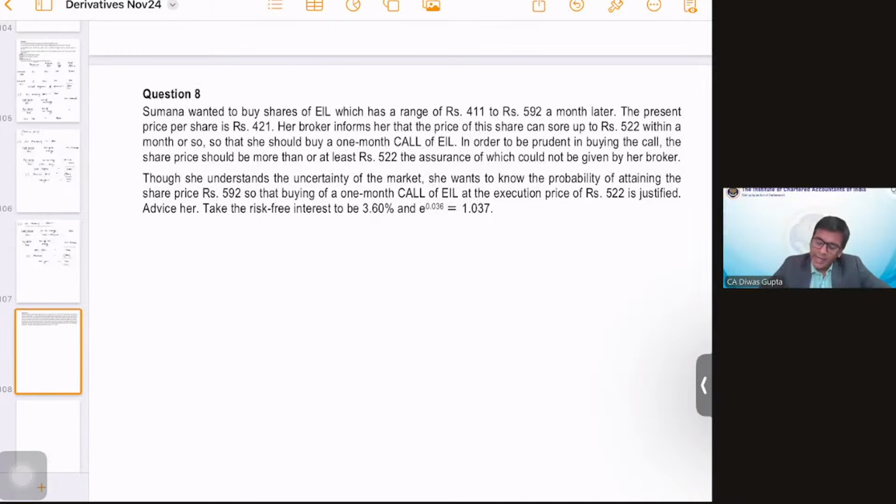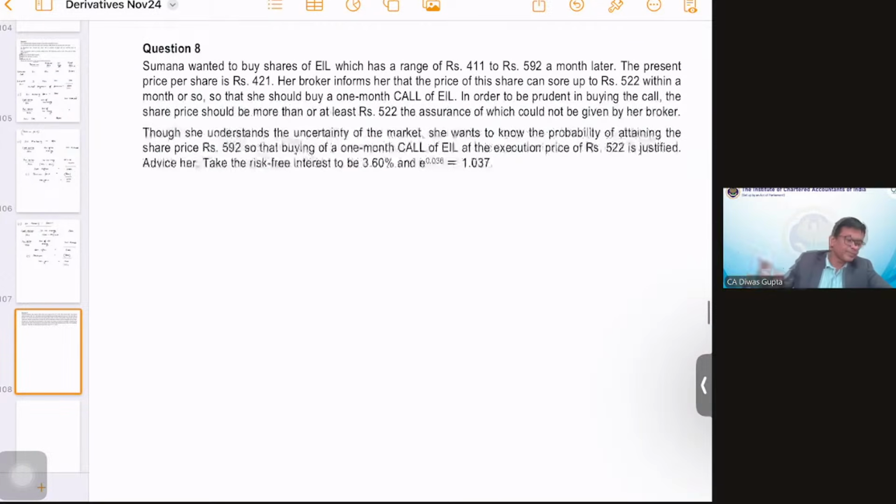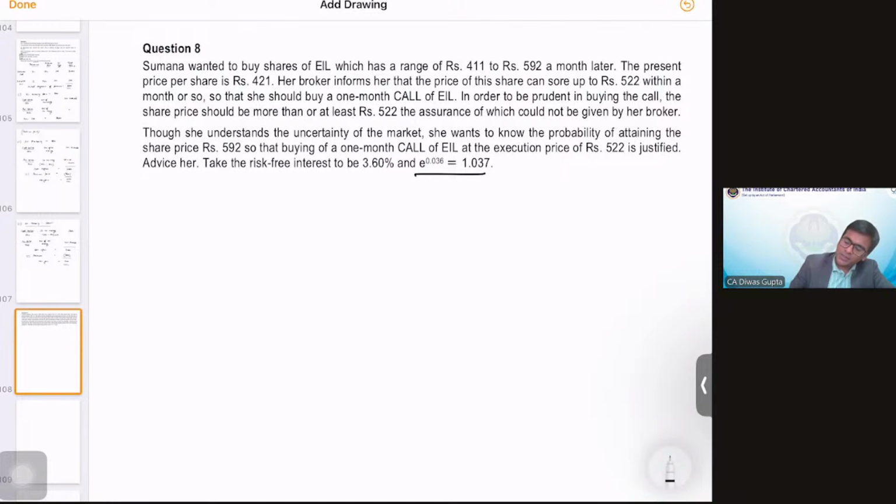Advise her, take the risk-free rate to be 3.60 and e raised to the power 0.036 as 1.037, students. So this is using the continuous compounding, right? Yes.